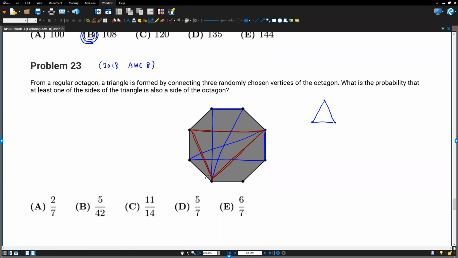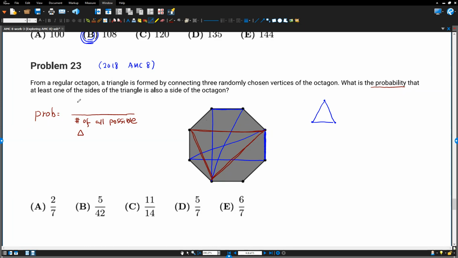So the problem over here is asking you for the probability. What is the probability? At the bottom, there's no restriction: any triangle, so the number of all possible triangles. What is the event?